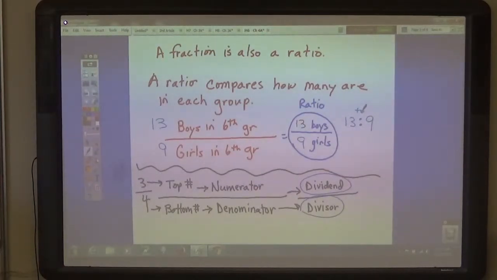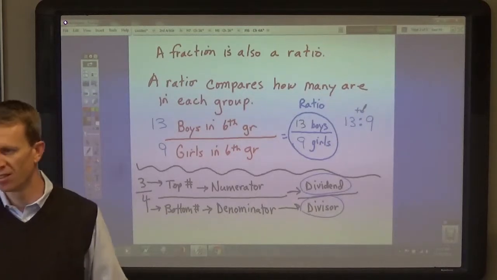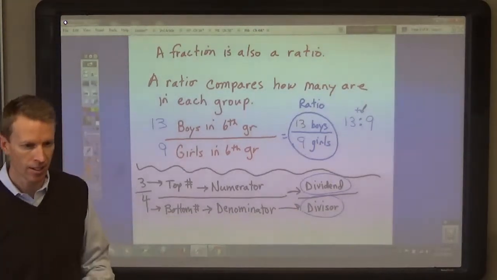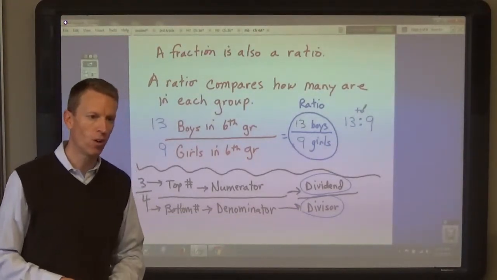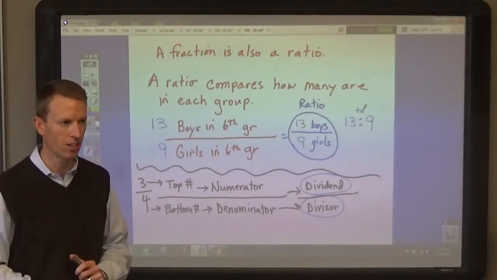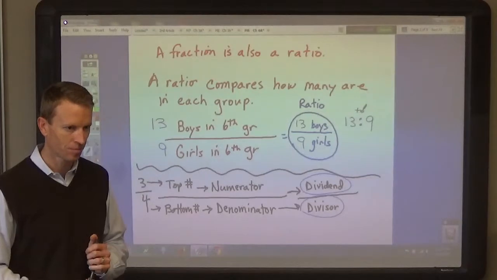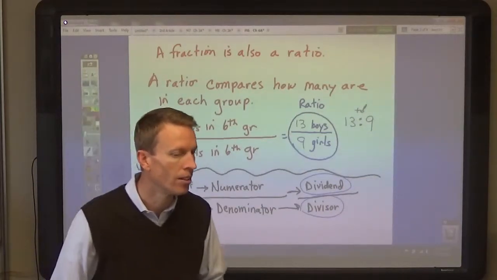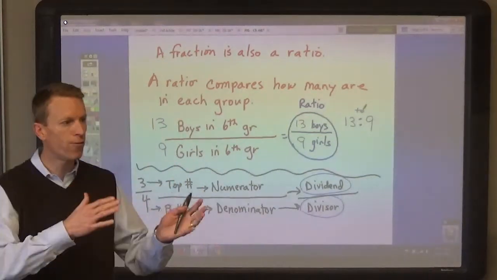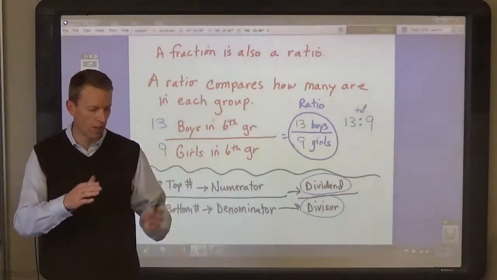Of the total shapes, I should say. 3 out of 7. Yep. What is the ratio of squares to triangles? Lindsay. It's a little louder. 3 to 4. The ratio is 3 to 4.